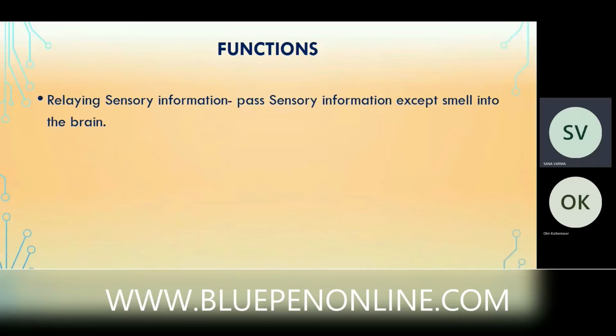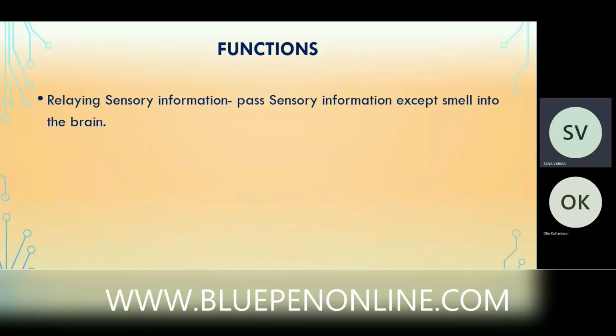The smell sensations, after stimulating the neurons in the nasal cavity, go directly into the olfactory bulb in the brain, and from there the information is carried by certain nerves to the temporal lobe of the cerebral cortex.